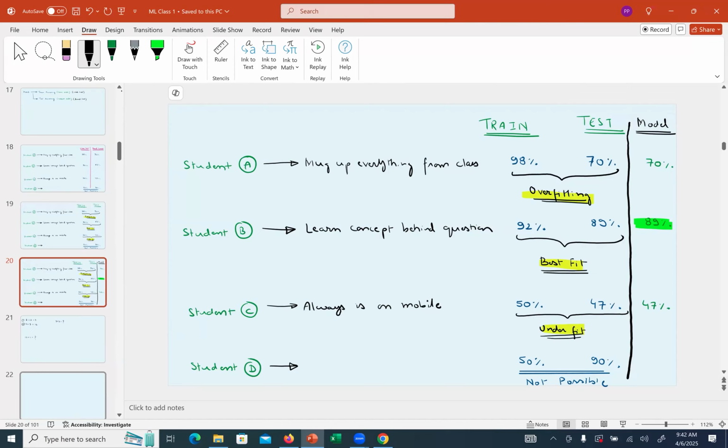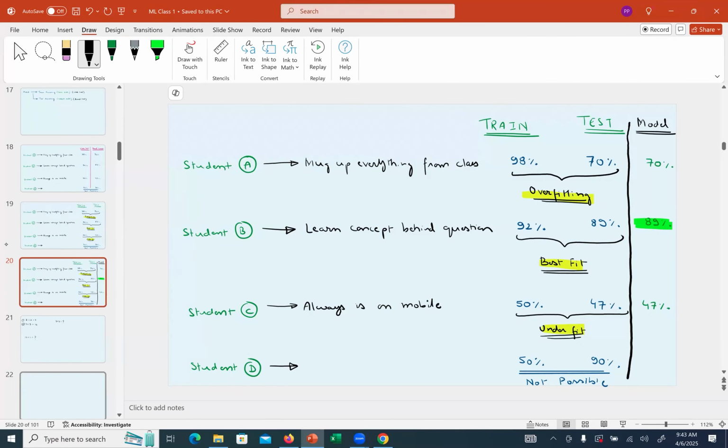To a class 3 student, I will not be able to teach integration irrespective of how many examples I give. He will not become an expert in integration. So underfit happens many times when the data pattern is complex, but you are using a very simple model to predict that.